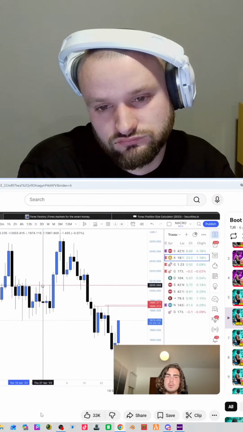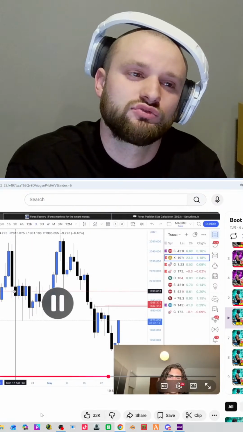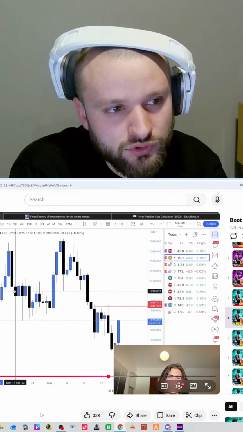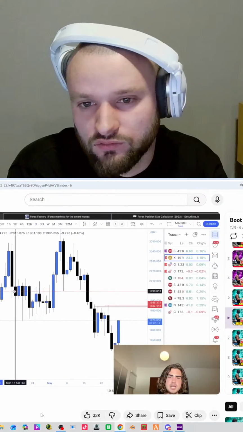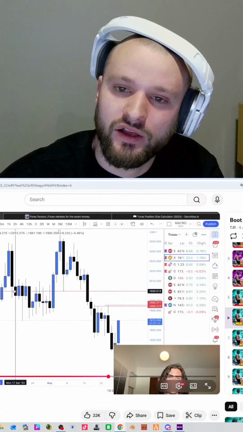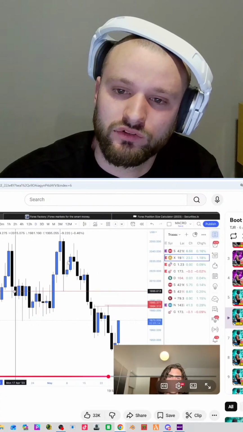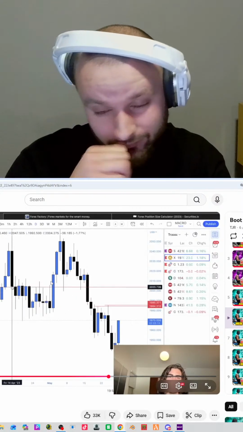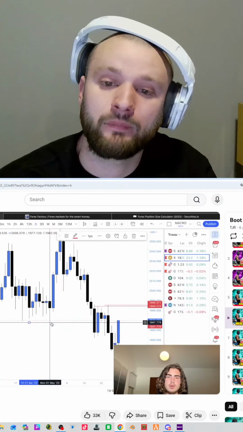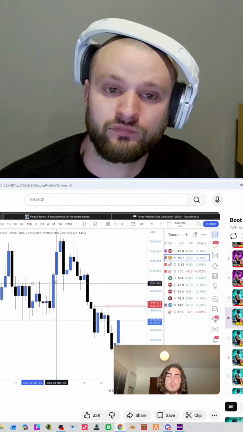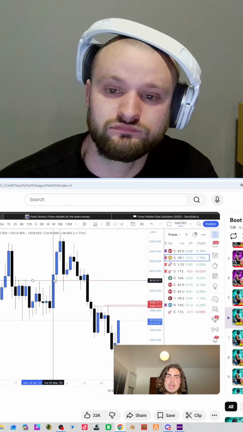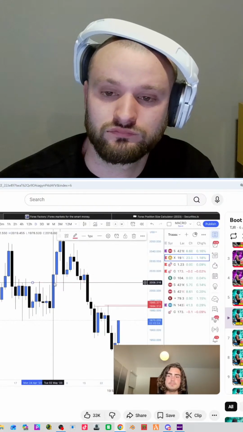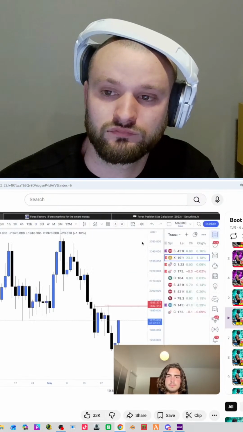There is no trend within this, so just watch basically the two newest candles. Here's the high, here's a new low, here's a new high, newer high, newer low. This would have been a terrible trading week for gold. There was no trend within this. There was no break of structure. Market had no clue where it wanted to go.